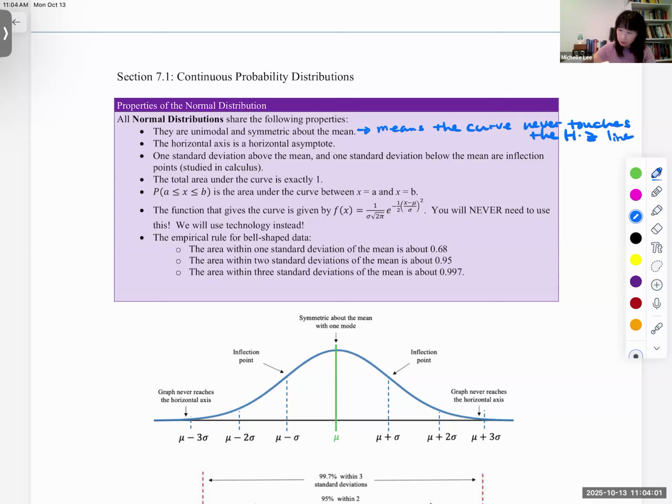So inflection point, we say that is where the concavity changes, right? So concavity change. Then what is the concavity? When the concavity changes.